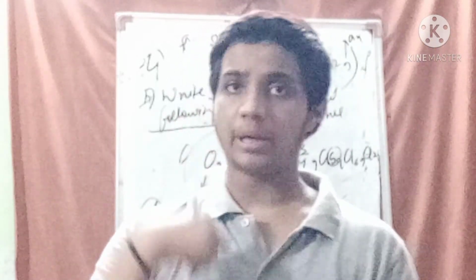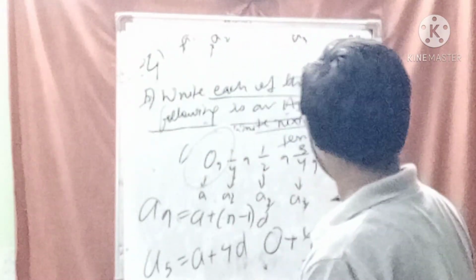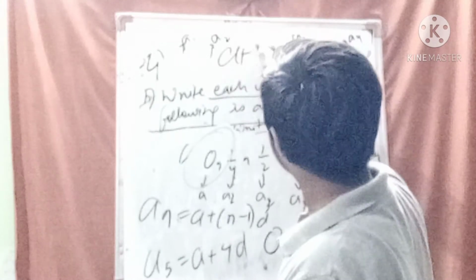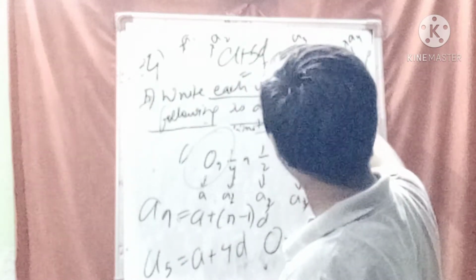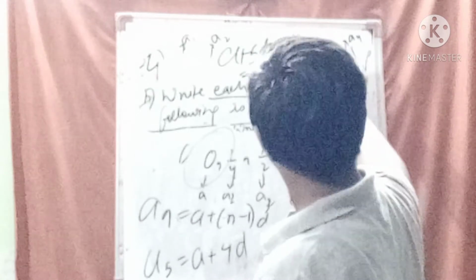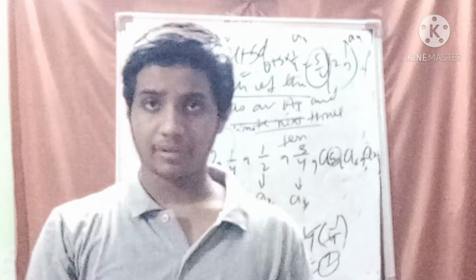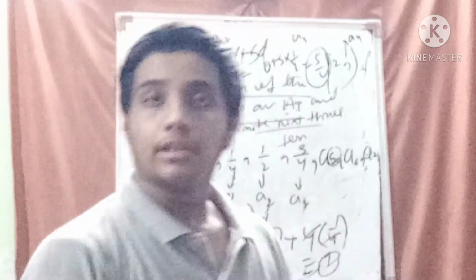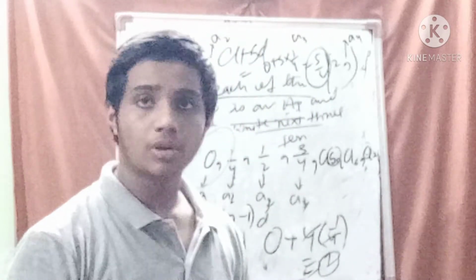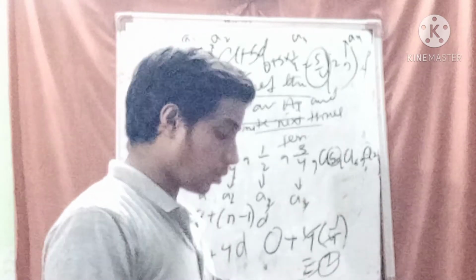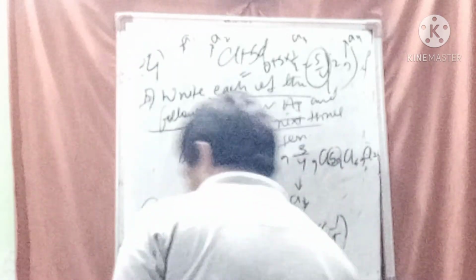A6 I will do, but A7 you will do. A6 is A plus 5D. A is given as 0, plus 5 into 1 by 4. So 5 by 4 is A6. A7 you will do. The first person to give me the answer will get a shout out in my next video. I already mentioned you have to write it like a hashtag.